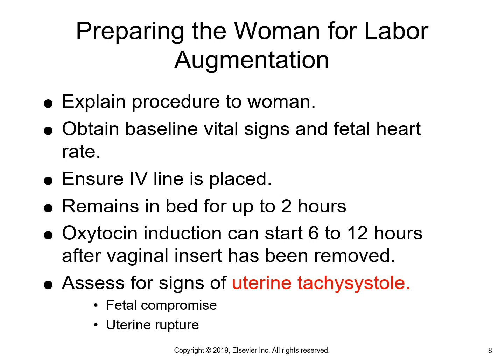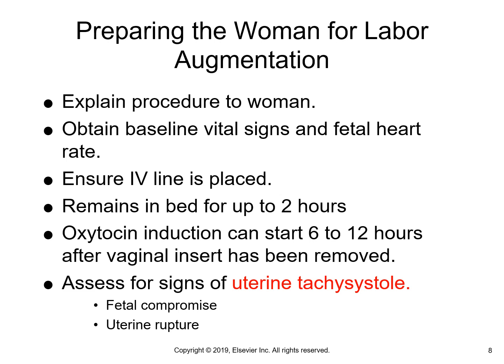Then we assess for signs of uterine tachysystole. Uterine tachysystole is the excessive contractions of the uterus, which is not good. If there are excessive contractions in the uterus, there will be fetal compromise and the uterus may rupture. Remember that with every contraction, there is reduced blood flow to the placenta, hence reduced blood flow to the fetus.